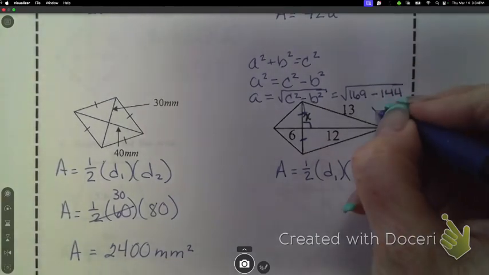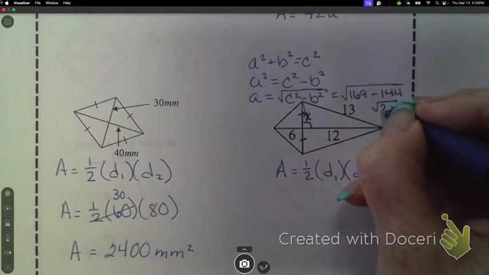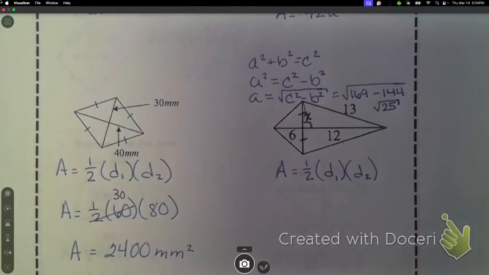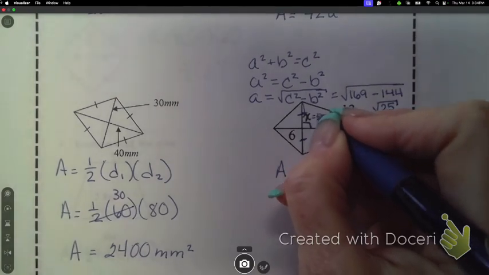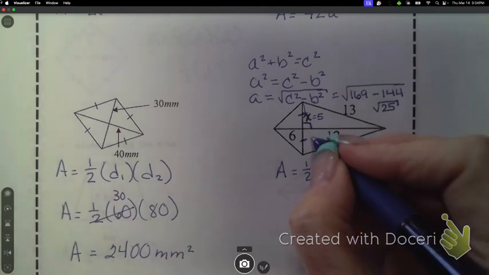That's the square root of 25. Oh, so a equals 5. So x equals 5, right?